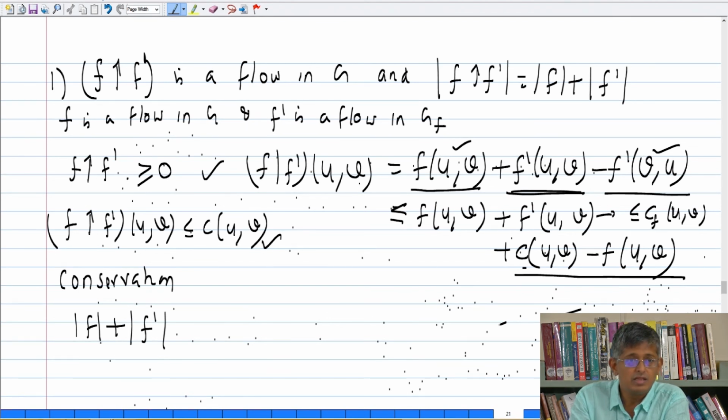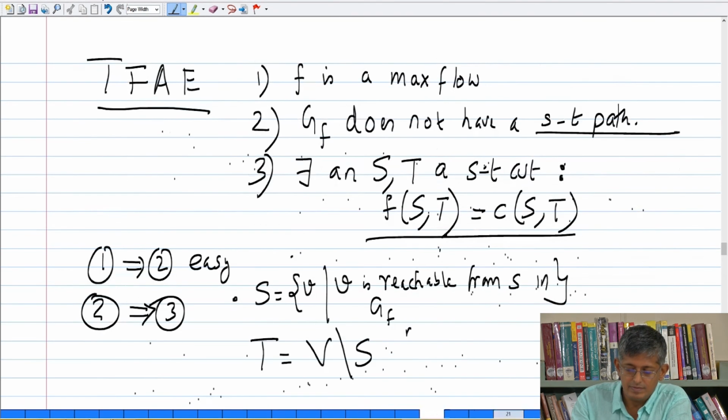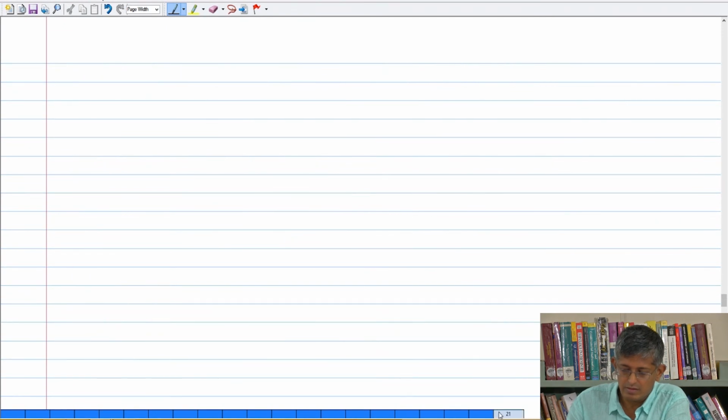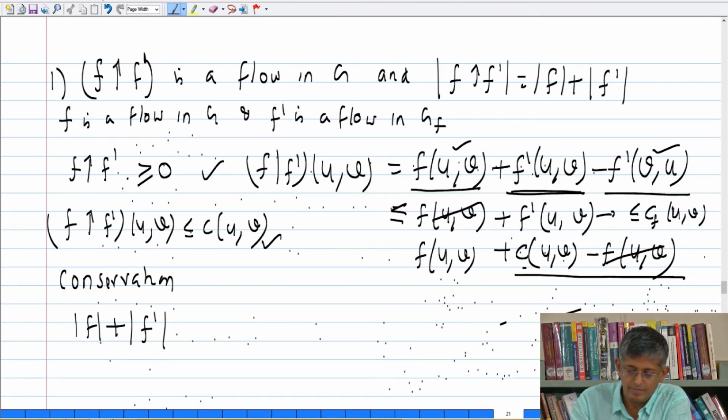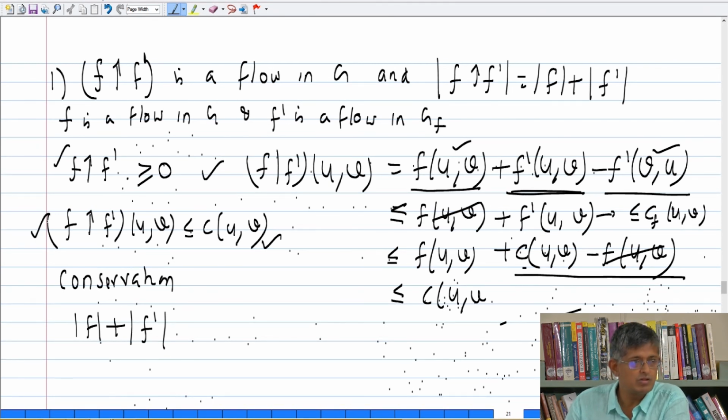Therefore, the augmented flow, that is f augmented with f prime, this cancels and this cancels. So there are two things that we have taken care of: the augmented flow is greater than or equal to 0, and it does not violate capacity on any arc. Now we need to look at conservation.